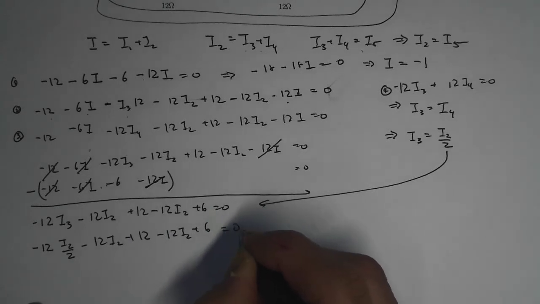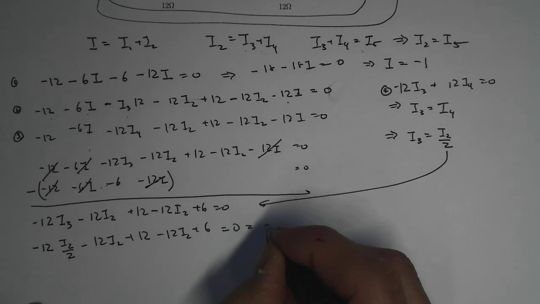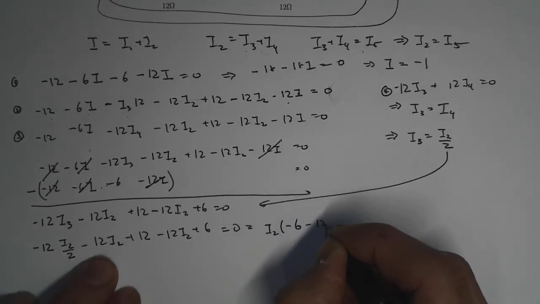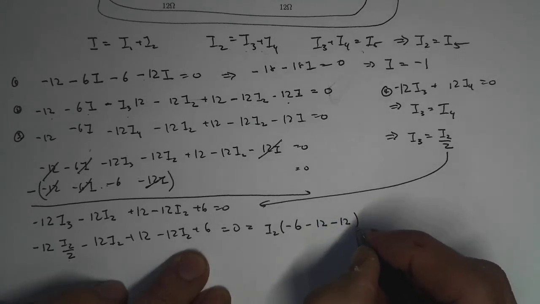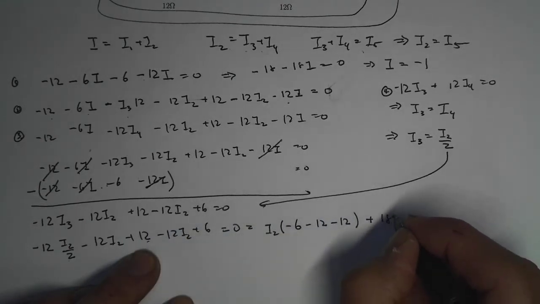Okay, this is equal to 0. So it's minus 6 i2 minus 12 i2 minus 12 i2, and then plus 12 plus 6 is 18.